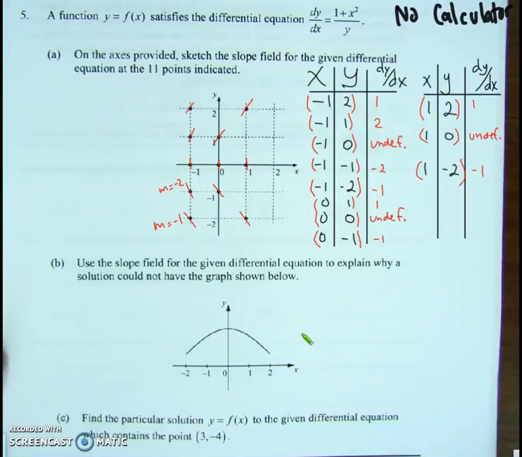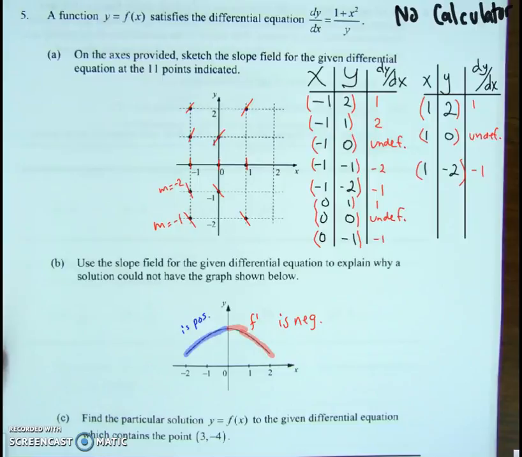Hopefully while you were thinking this through, you noticed that the graph for 5B has a positive slope, so m is positive, and then it has a negative slope, so m is negative. Since we are talking about calculus here, this is f prime, and this is also f prime.